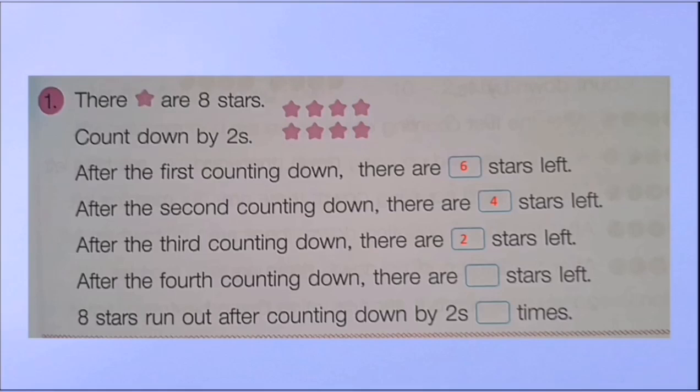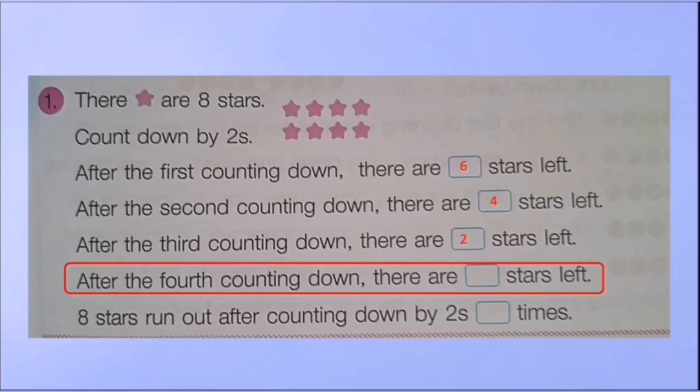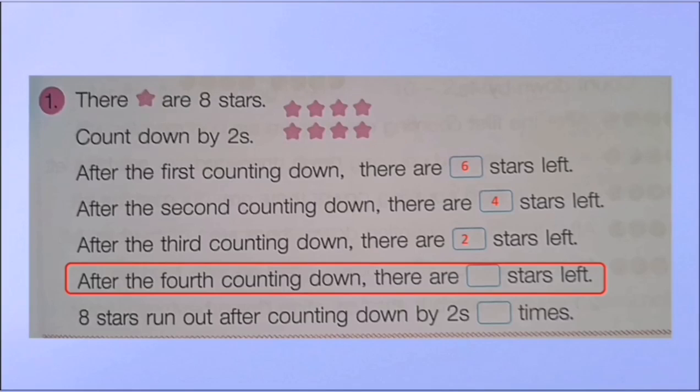Now let's go to the fourth sentence. Let's read together. After the fourth counting down, there are blank stars left. Now let's count the stars by twos. So we have our first twos, second twos, third twos, and our fourth twos.